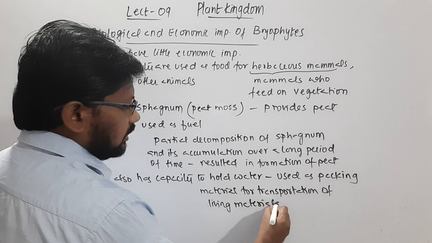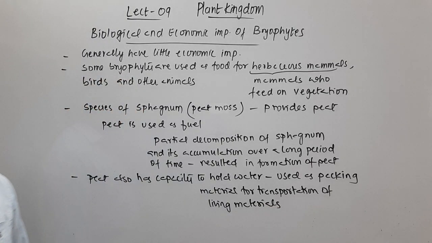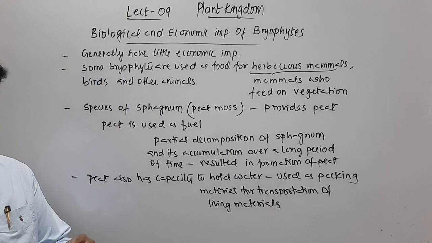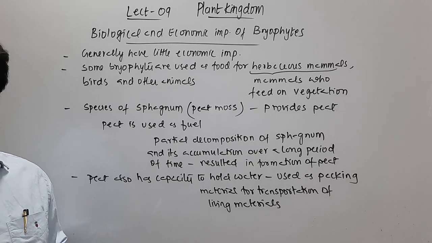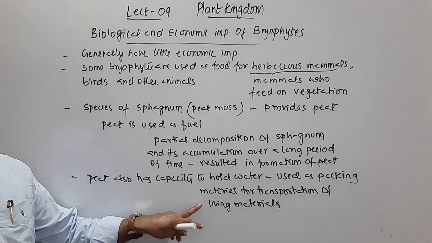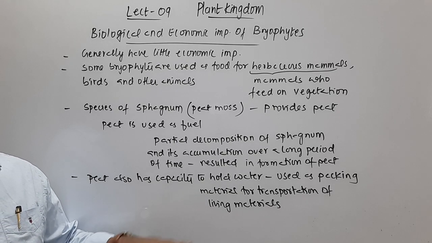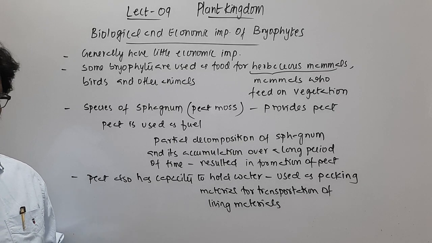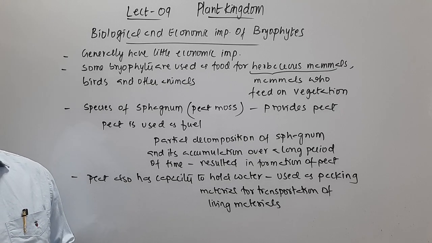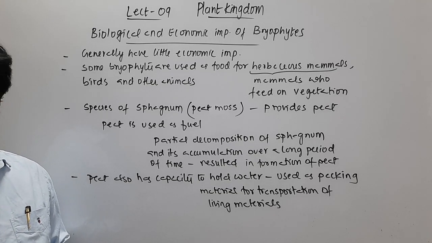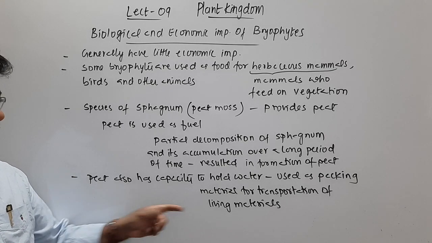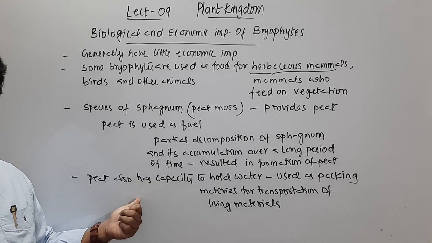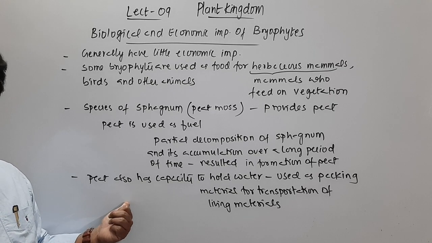Suppose fishes or some other eatable organisms need to be transported from one place to another for a long time, and they need to be in fresh condition. Because of that, they put those living materials in the peat and then spray water.